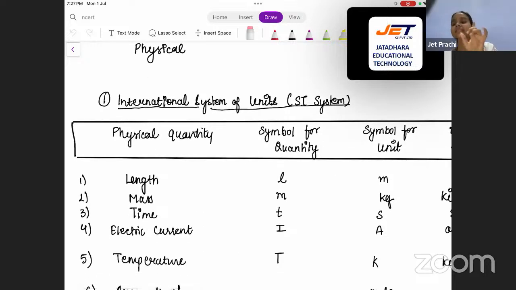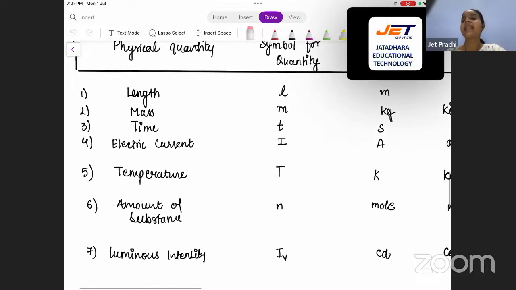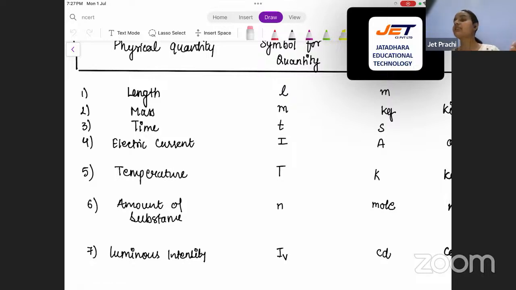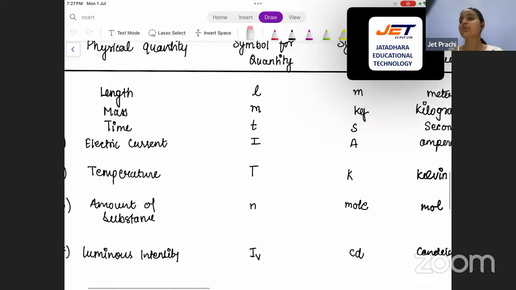In the SI system, we have 7 base units: length, mass, time, electric current, temperature, amount of substance, and luminous intensity, as you can see on the screen. And here are the symbols for those quantities: for length, we have small l, for mass, we have small m, for time, we have small t, and for electric current, as you may know, we have capital I.